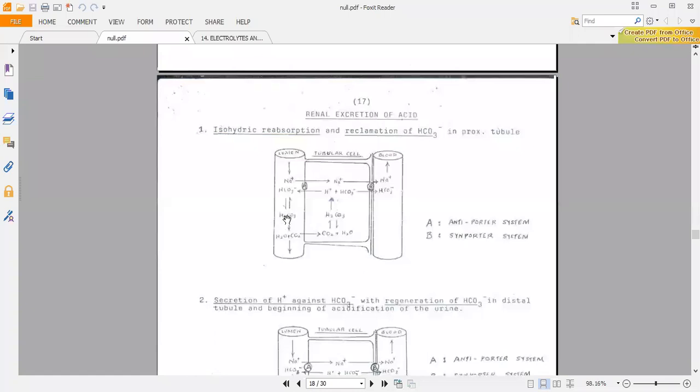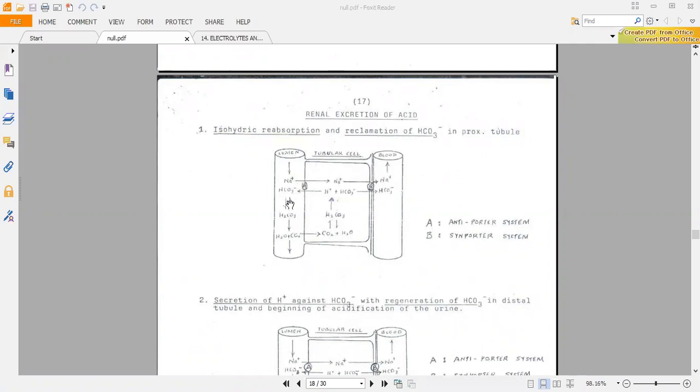Then the H2CO3 can break down into water and carbon dioxide. Then the carbon dioxide will move into the tubular cells and recombine again to form H2CO3. Then the H2CO3 will break down to get the bicarbonate. Then the bicarbonate will move into the bloodstream.